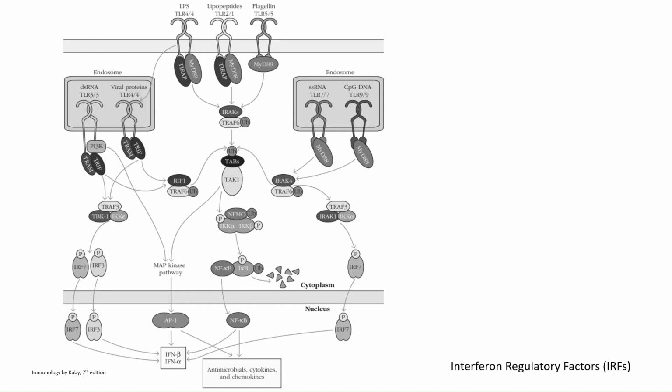So this figure is the representation of the signal transduction pathway. I'm not explaining the signal transduction pathway again and again because we already learned all these pathways. TRAF3, then we learned about IKK alpha, IKK beta.